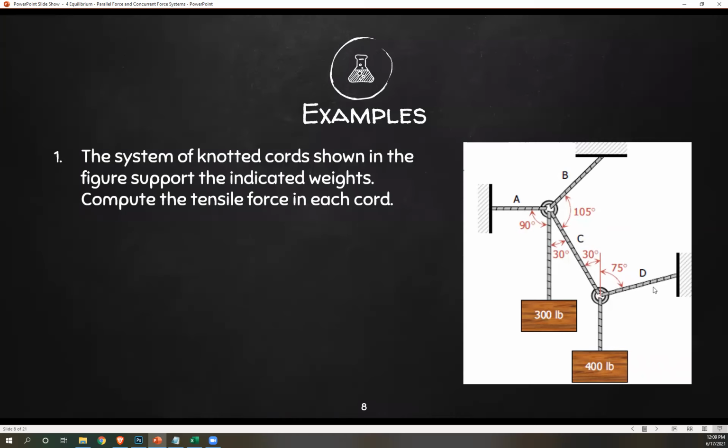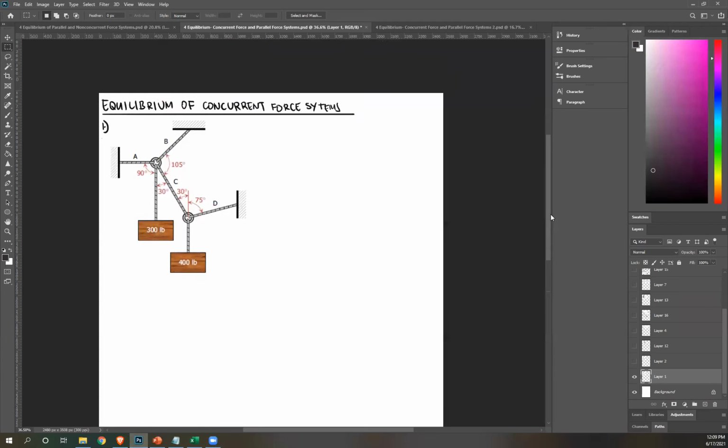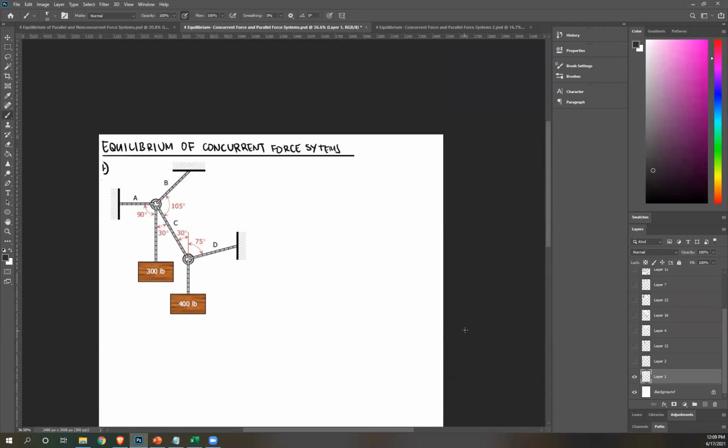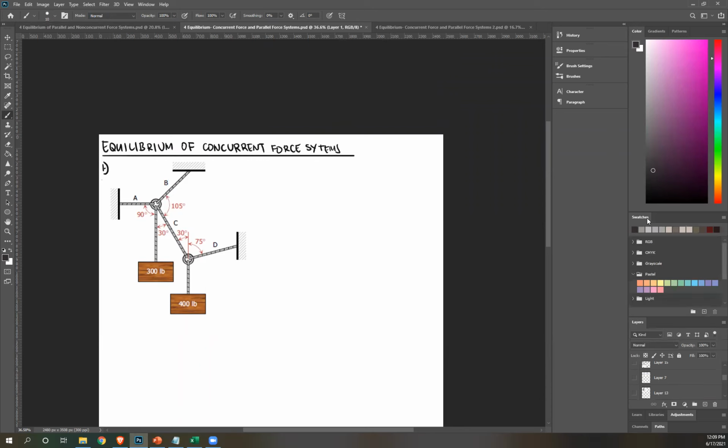Similar to your resultant, the first thing is to create your free body diagram. So let's begin with that. Starting with your free body diagram, let's begin with this system.